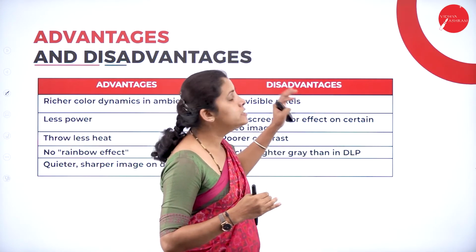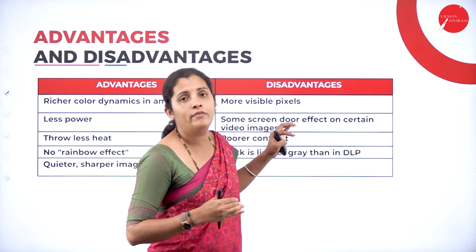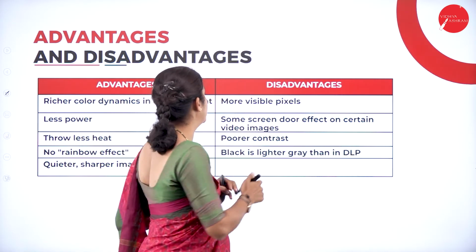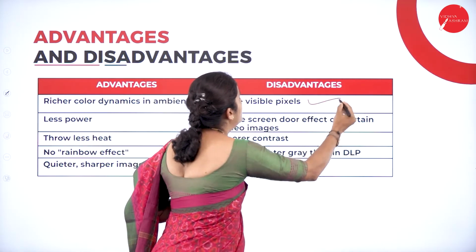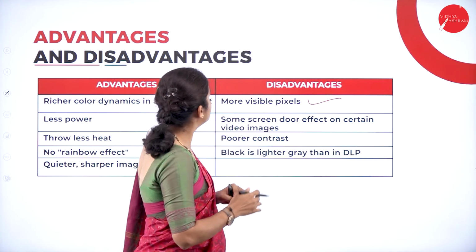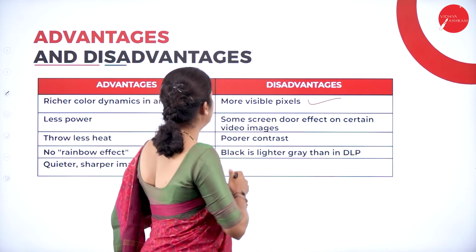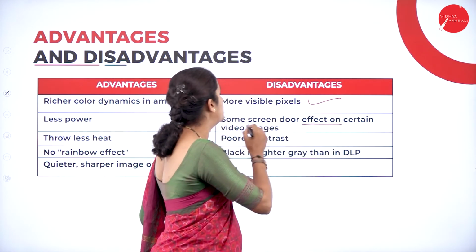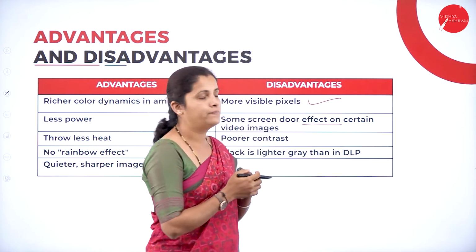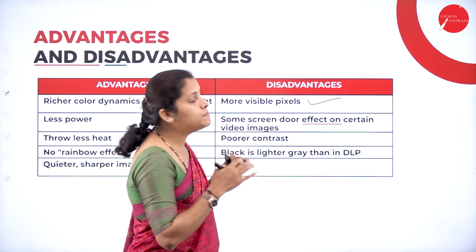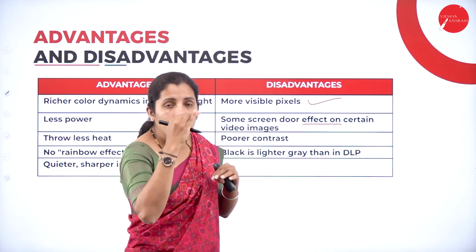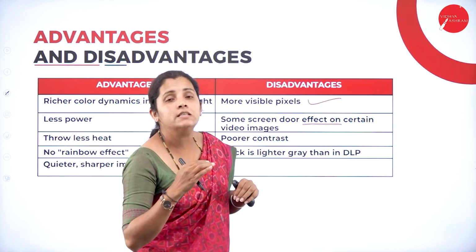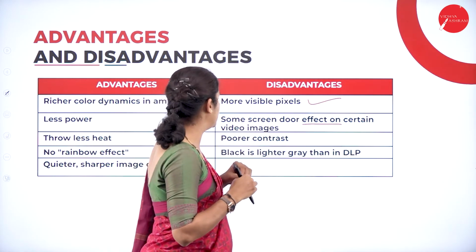Let's see the disadvantages of LCD projectors. What is the first disadvantage? Here it is, more visible pixels. The second disadvantage is some screen door effect on certain video images.